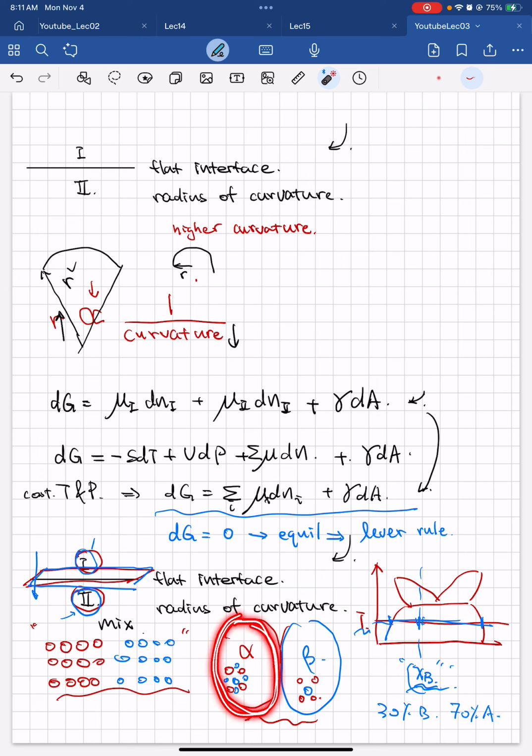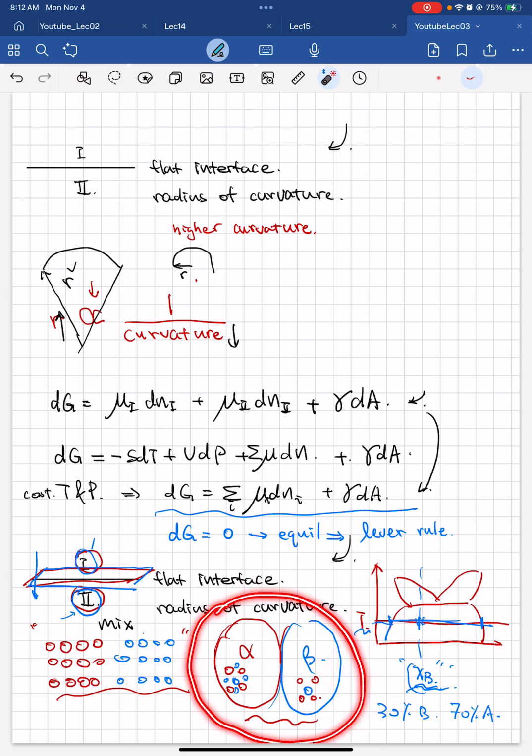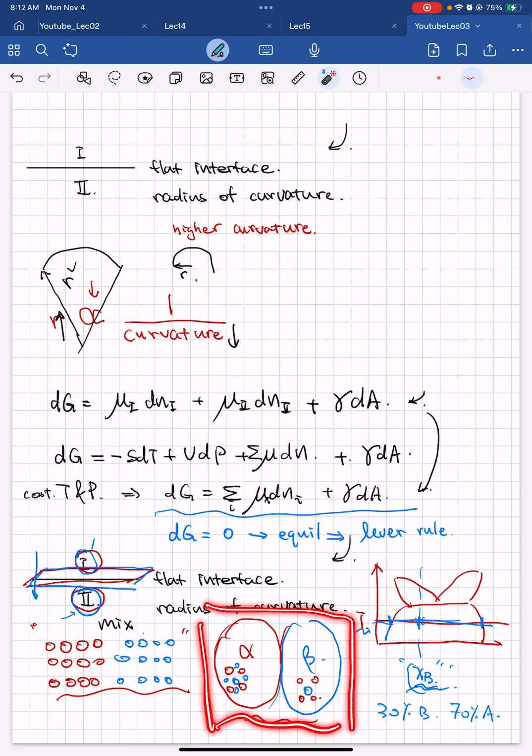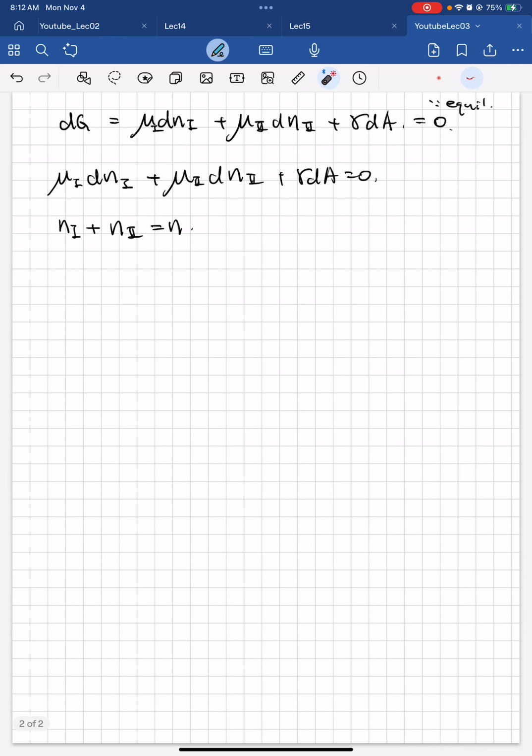But the number in alpha phase and the number in beta phase, if you take the summation, it is staying constant because of conservation of mass. The total mass inside the system is not going to change.